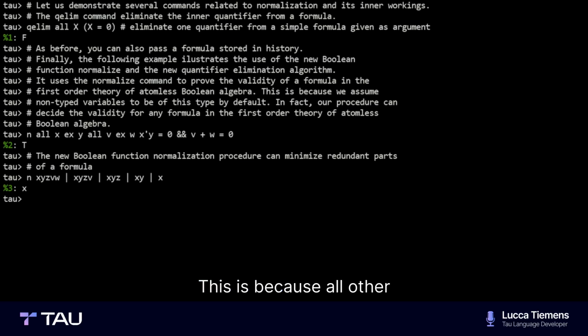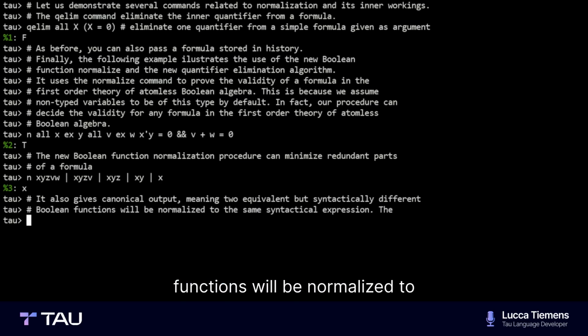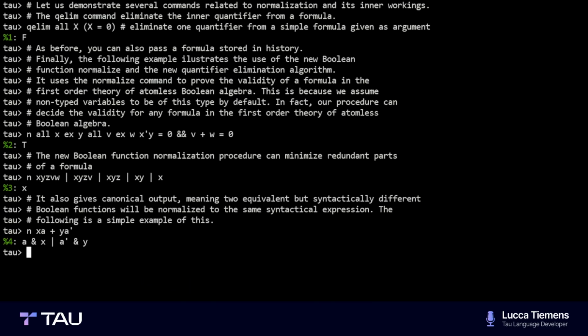This is because all other disjuncts are an implication of x. The Boolean function normalizer also gives canonical output, meaning that two equivalent but syntactically different Boolean functions will be normalized to the same syntactical expression. The following is a simple example of this.